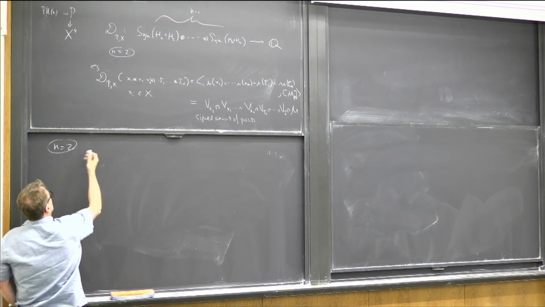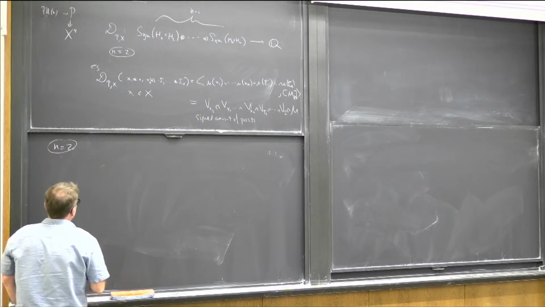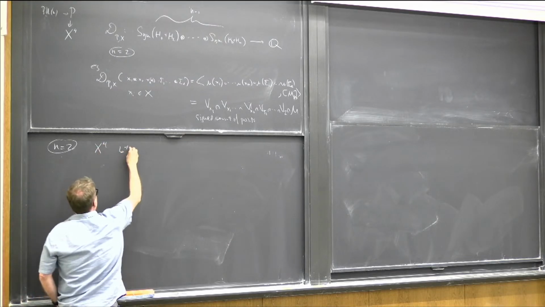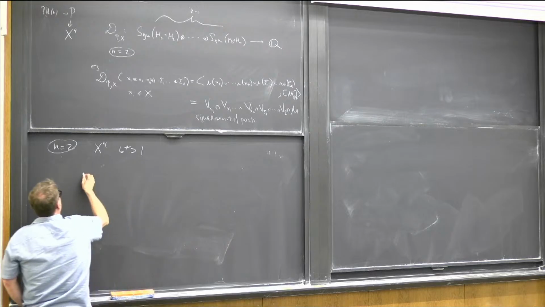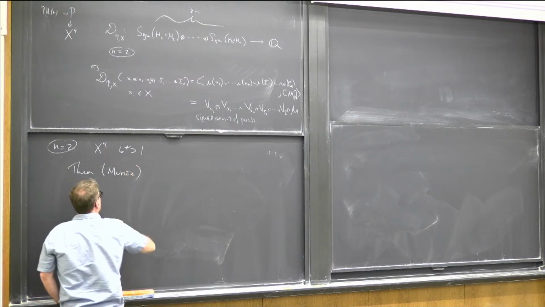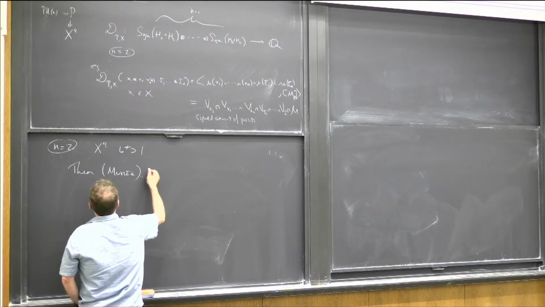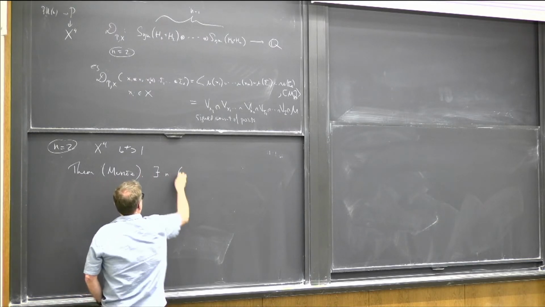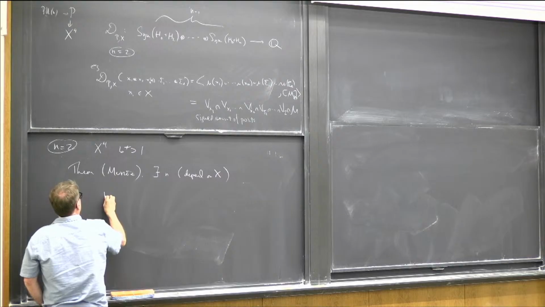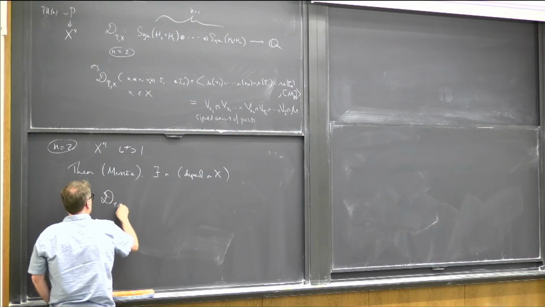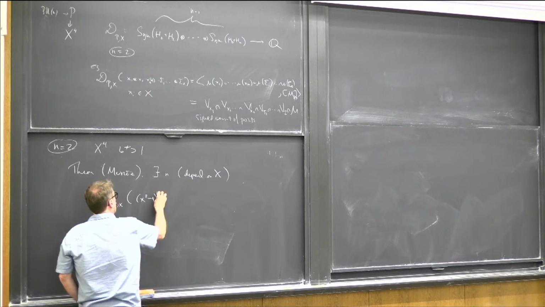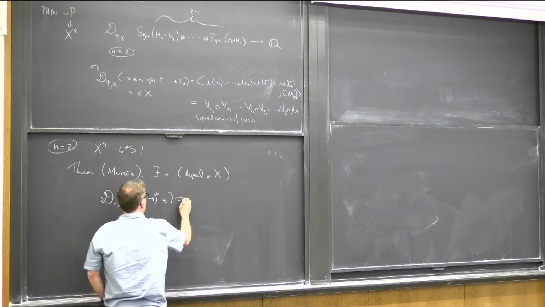A nice important feature is that if I have a 4-manifold with b plus bigger than 1, there's a theorem of Munoz that there exists an n which depends on X, so that this Donaldson function of P and X, when I evaluate it on x squared minus 4 to the n times anything, gives me 0.